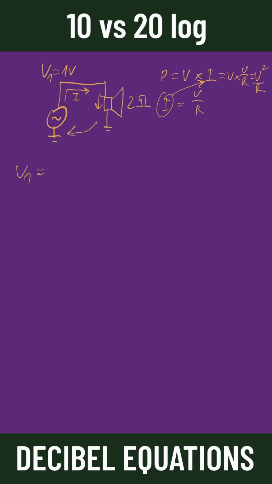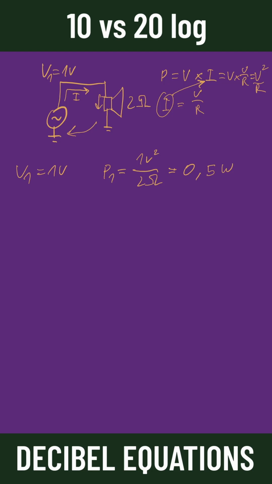We have V1, which is 1 volt, and for this we calculate P1, which is 1 volt squared over the resistance of 2 ohms. And this results in 0.5 watt, half a watt.